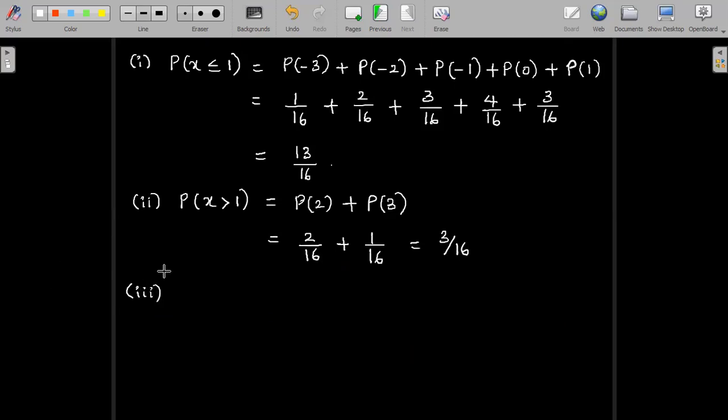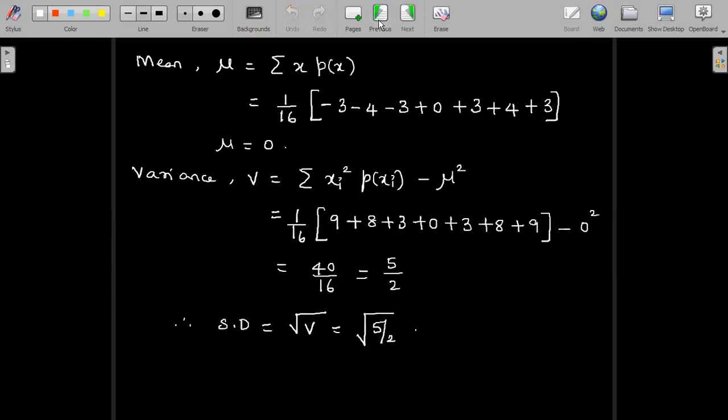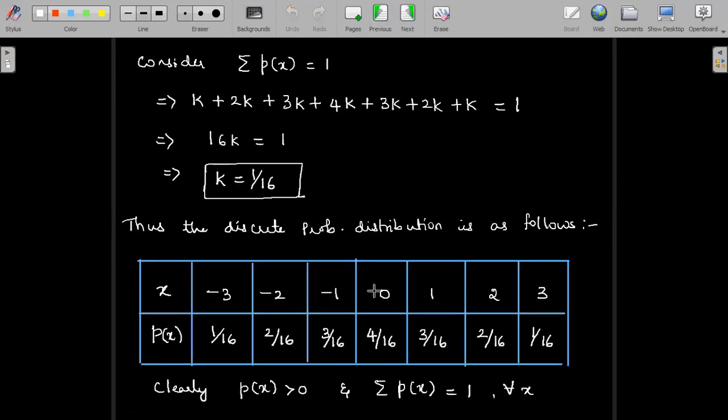Now, the third part of the problem is to find probability of x lying between minus 1 to 2. Observe that minus 1 is not included. There is no equal to symbol here. So minus 1 is not included, but 2 is included. After the value of minus 1, whatever we have, from there until 2, p of 0, p of 1, p of 2.